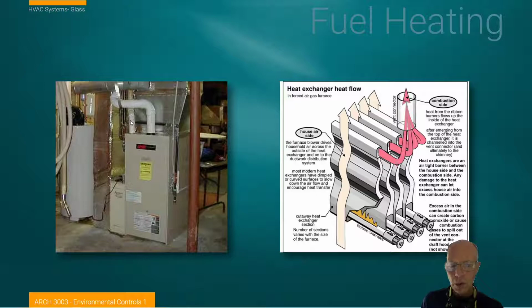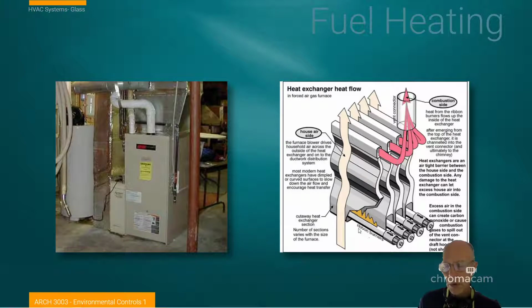In an efficient furnace, it's called a condensing heating system, which means that the heat coming off of it has had so much heat extracted that it's already starting to condense, which means moisture is starting to come out of the flue gases, and it's getting very close to room temperature. So in many cases with these condensing heaters, they have collections for moisture that comes out from the natural gas that's getting burnt.